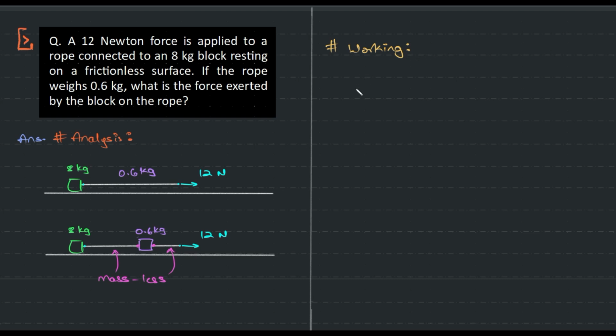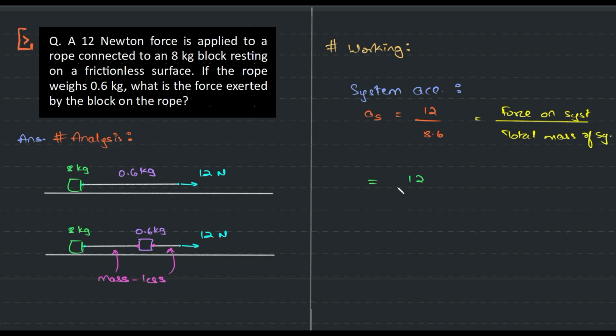The system's acceleration. Whenever you have to find anything, you need to know the acceleration, especially with such questions. So acceleration of the system is given by force by the mass, that is force on system by total mass of system.